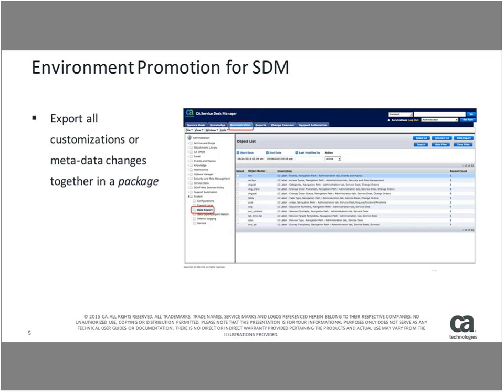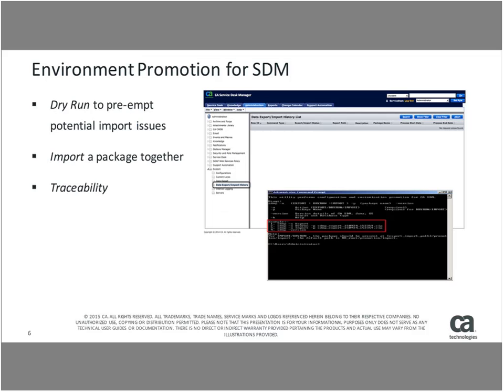and hit the export button, which gives you a package behind the scenes. Similarly, for customizations, there is one command: go to the command line utility, invoke that command, and you have your customizations packaged in one single package. Now, once the package is available, it can be imported into the target environment. And the import functionality is command line based, where you take the package and import it into the target environment.